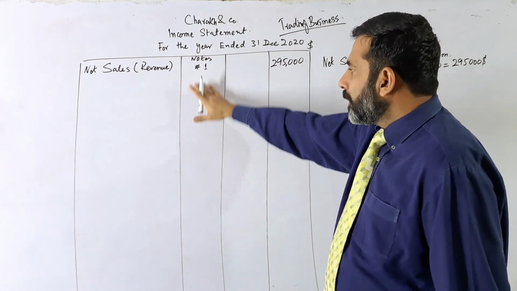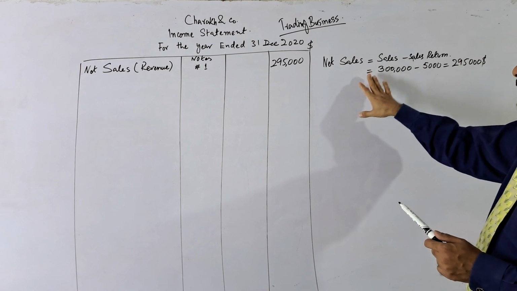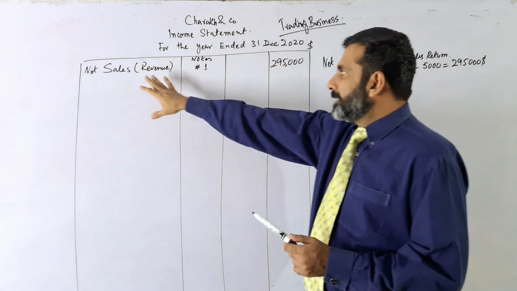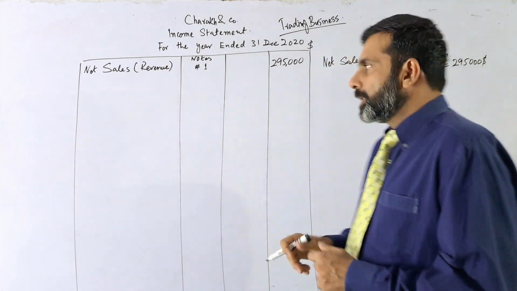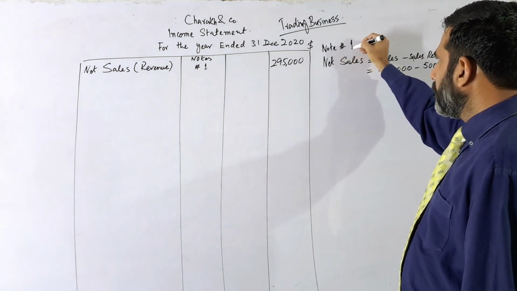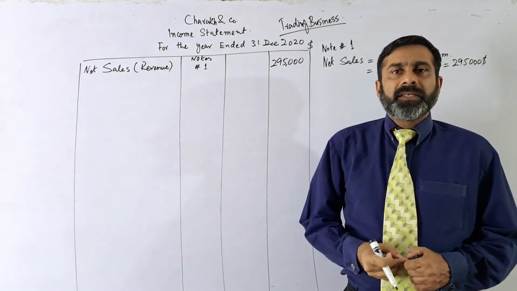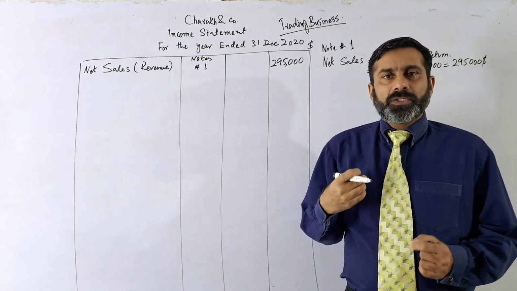What is the purpose of this note? The purpose of the note is simply to understand how we are calculating this sales amount. So we can write here note number 1.